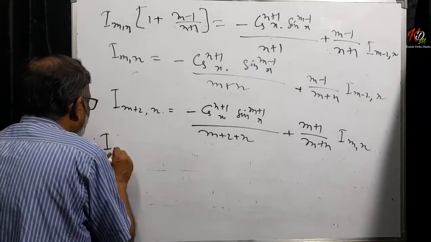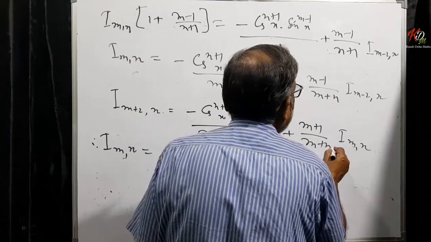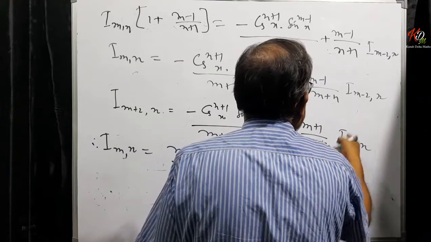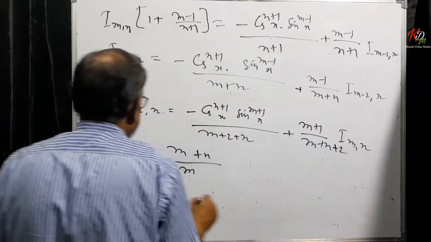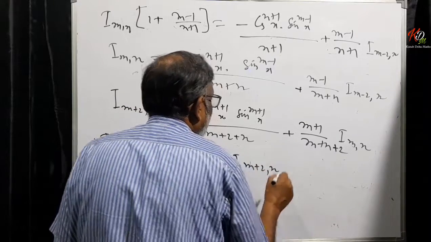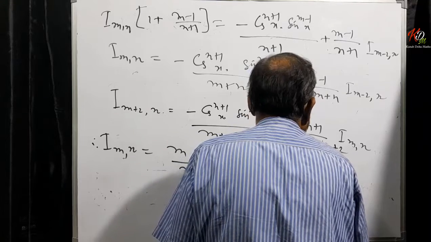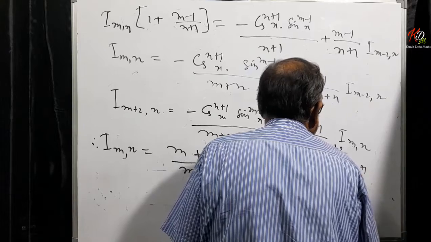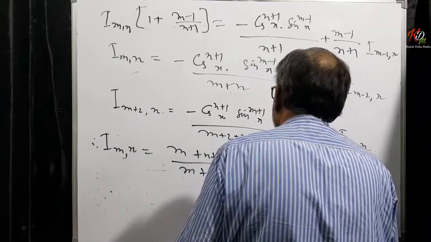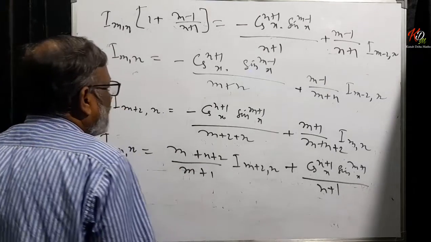Then the theorem will be I m n equals m plus n plus 2 by m plus 1 I m plus 2, n, plus cos to the power n plus 1 x sin to the power m plus 1 x by m plus 1. This will be the formula.